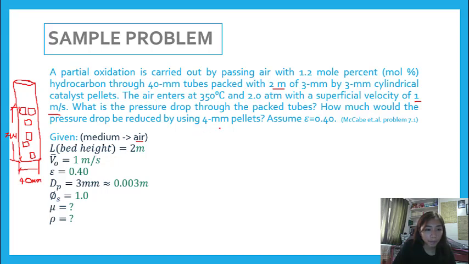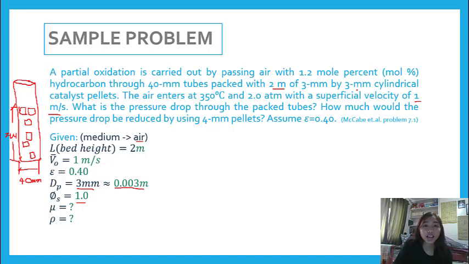We also have a particle diameter of 3 mm and a sphericity of 1. So why is the particle diameter directly 3 mm and the sphericity 1? Because our cylindrical pellets are short, so the length L is equal to dp.